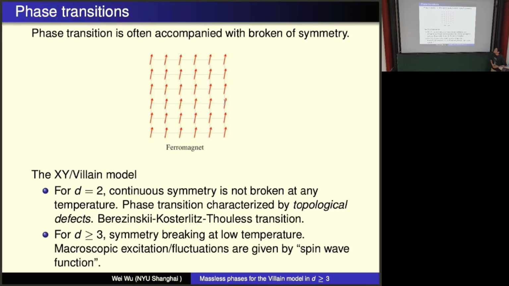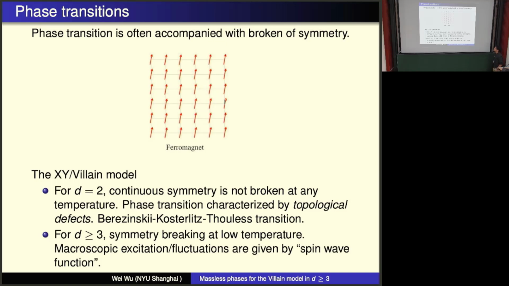So unlike the usual materials like a ferromagnet, where you have some symmetry breaking during the phase transition, what's special here is that in 2 dimensions, continuous symmetry is not going to be broken at any temperature, and in fact, it's a well-known phase transition of the Kosterlitz-Thouless type, which can only be distinguished by looking at the topological defects, which are vortices that we're going to mention.